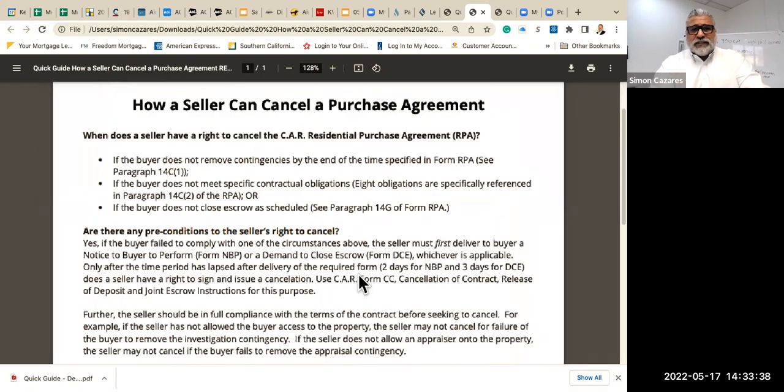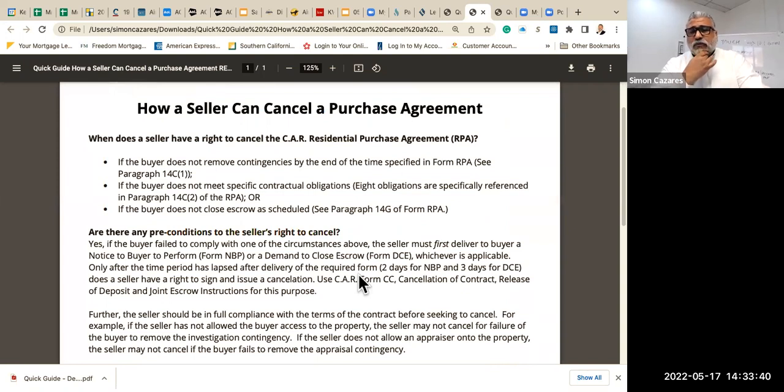What gives a seller the right to cancel the residential purchase agreement? Everything revolves around the purchase agreement. The listing agreement is very vital, because that gives us the opportunity to sell property. Disclosures, addendums, requests for repairs, all the different contracts that we have are vital.